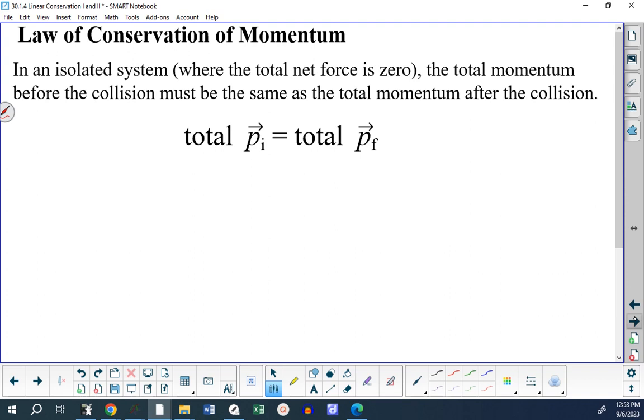The law of conservation of momentum says that in an isolated system, the total momentum before and the total momentum after are equal. I mean, you understand this from earlier grades, right? If you say mass is conserved, you say the total amount of mass before is equal to the total amount of mass after. This is the meaning of a conservation law.